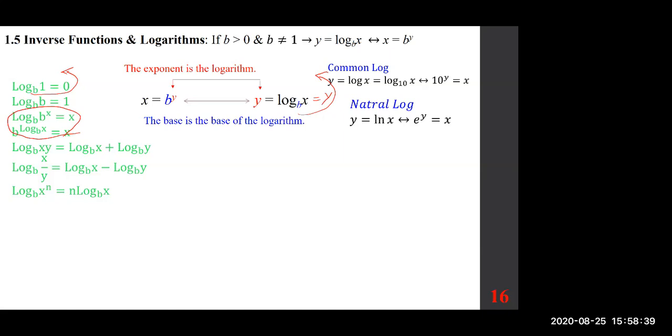Now, take a look at the transition. If you could look at the left side and those rules, logarithmic rules, and you make up these rules, they should be nice and easy. You are in good shape. If you can't make them, you have a problem with logarithmic properties.